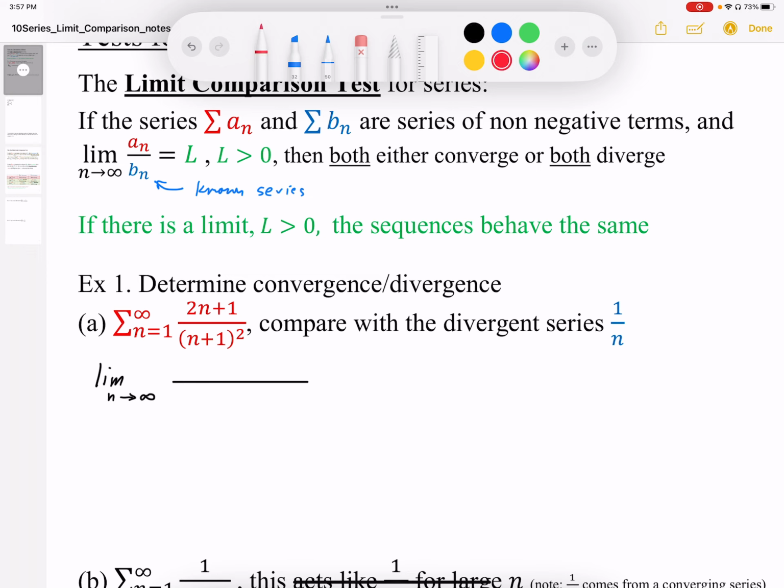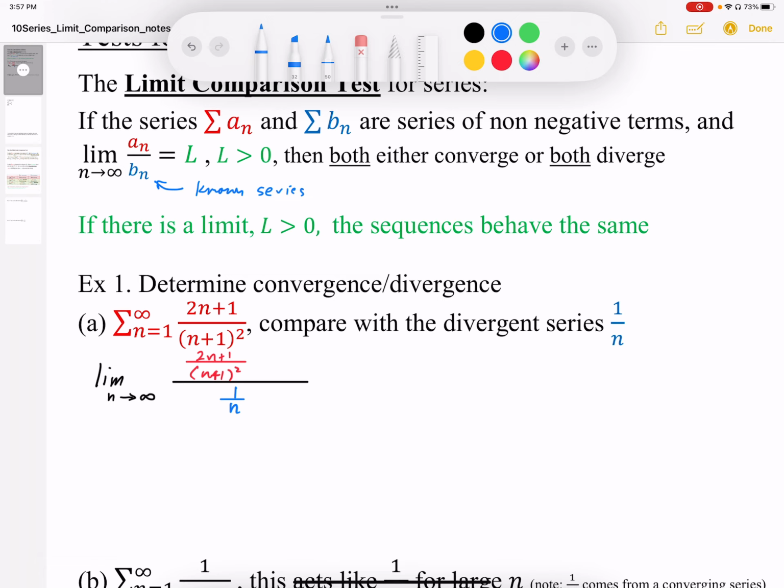The unknown one that we're testing is 2n plus 1 over n plus 1 squared, and the known sequence that we want to compare to is 1 over n. We're looking to see if this ratio equals some limit bigger than 0.